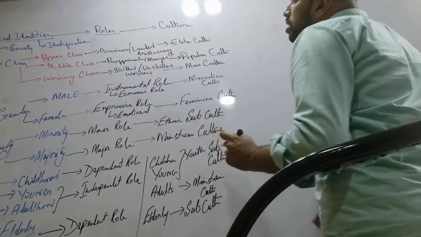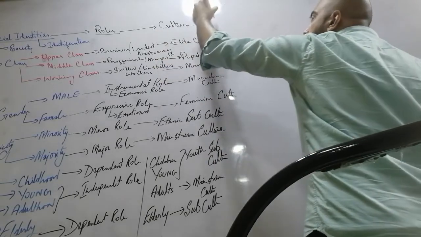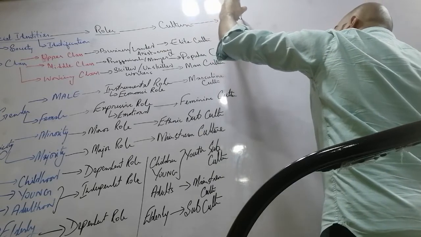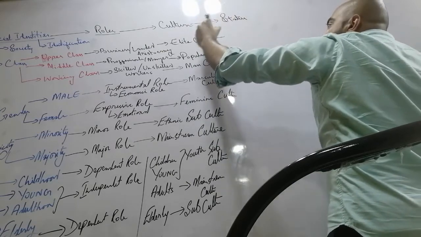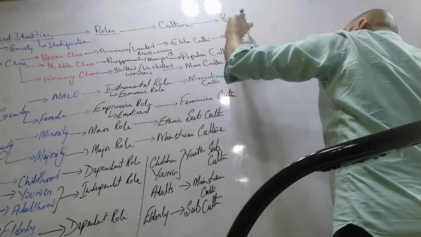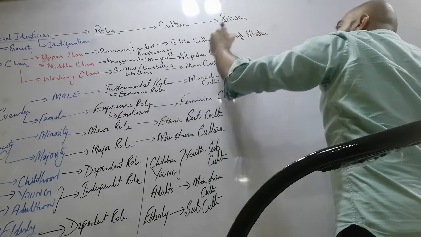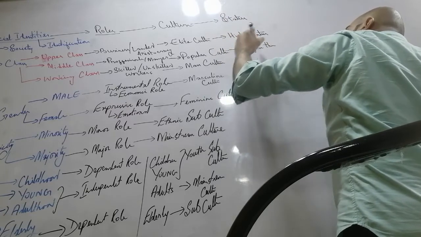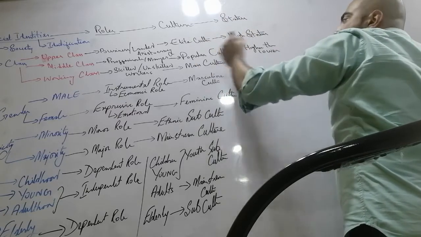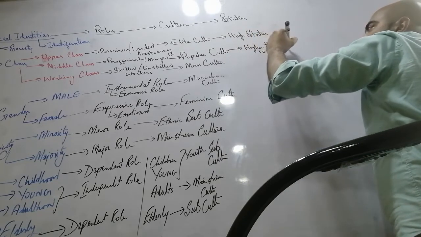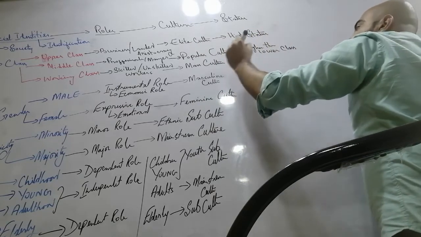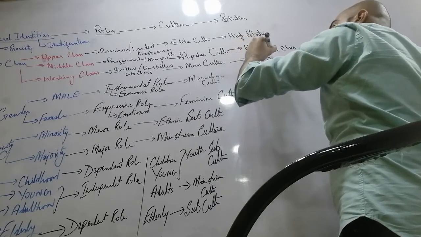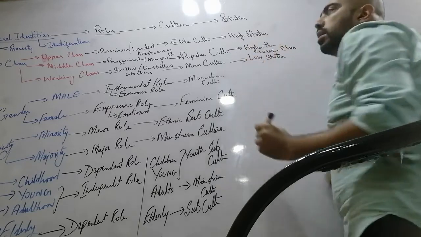Okay, so if we talk further on, culture may link with the status within the society. What status you have? Like elite subculture has high status, higher than lower class. Middle class has a status higher than lower class. The working class subculture has lower status. Got it?